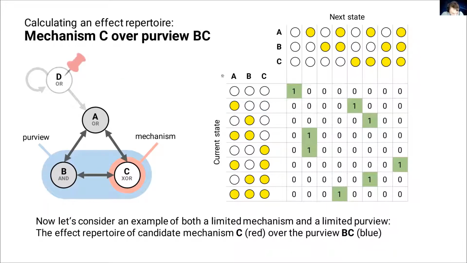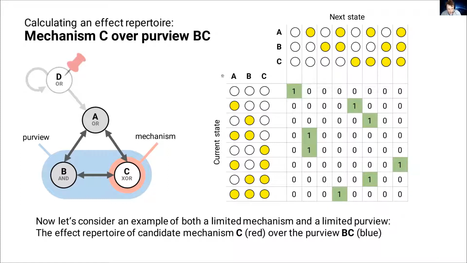Okay, so that was for a purview that was a subset of the entire system. We can also do the same thing where we take a mechanism that is a subset of the whole system. So in this circumstance, we have the mechanism being only C out of the system ABC, and the purview being only B and C out of the system ABC.